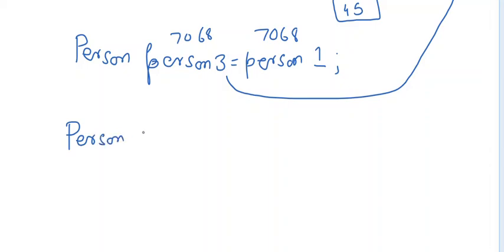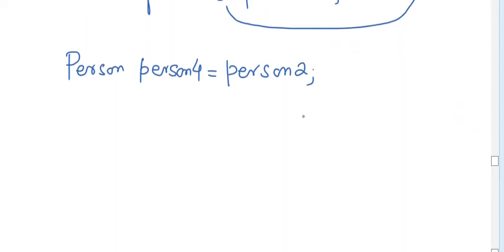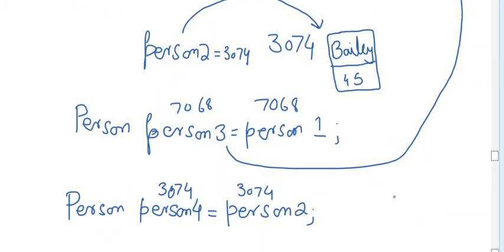Similarly, if we generate another person, person4, we have a reference. We intend to create a person, but then we set it to person2. So we know that person2 was 3074, or whatever memory location was saved, so this will also be 3074. So this person4 is also pointing to the location here.